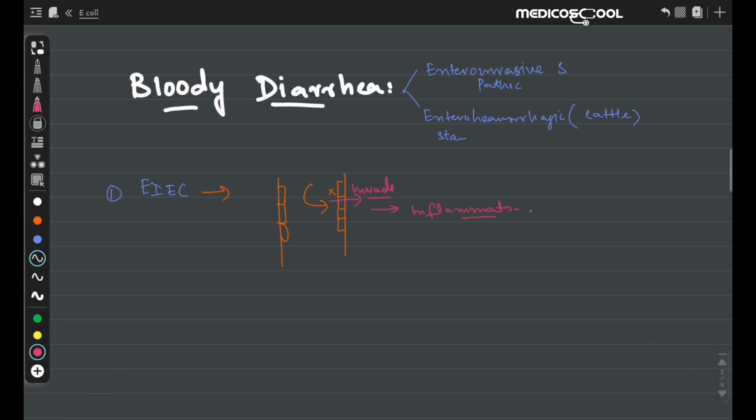This inflammation will in turn produce the cytokines and other infiltrations of the leukocytes.